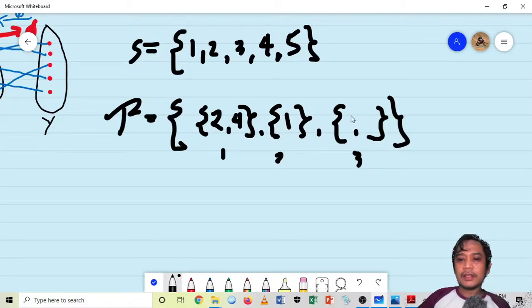If we put 3 here, 3 cannot be in the other 2. And if we put 5 here, 5 cannot be found in the other 2. So notice that these 3 cells are disjoint. All elements in S have been included in exactly one of the 3 subsets of S, or we call these cells of S. So that is how partition works.